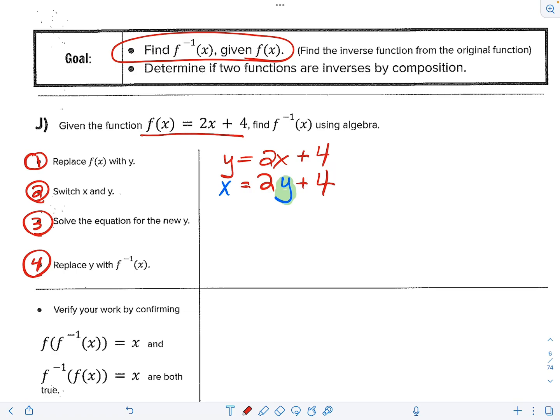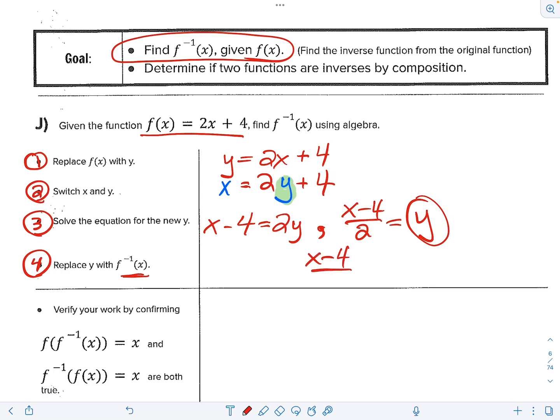Algebraically, I'll need to subtract 4. That means x minus 4 equals 2y. Then I'll divide by 2. X minus 4 over 2 equals y. I've solved for y. Now I can replace it with f inverse of x. So the inverse of something that doubles the input and adds 4 is to take away 4 and divide by 2. That's the inverse.